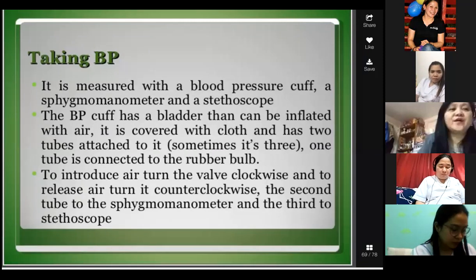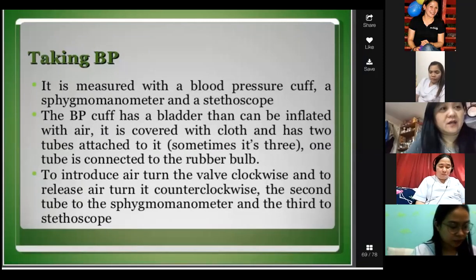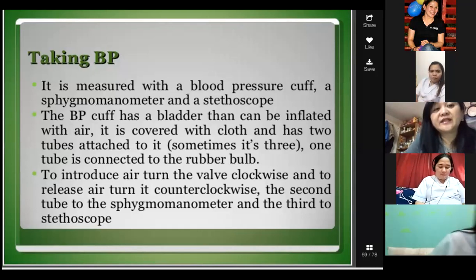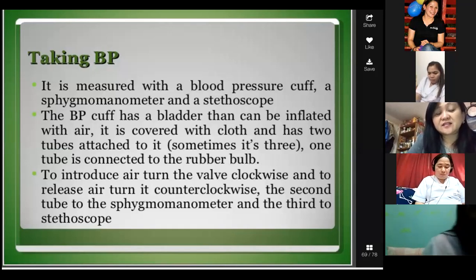Now, when you are taking the blood pressure, this is measured with the blood pressure cuff, sphygmomanometer and stethoscope. The blood pressure cuff is a bladder that can be inflated with air, and it is covered with cloth and has two tubes attached to it, and sometimes three.